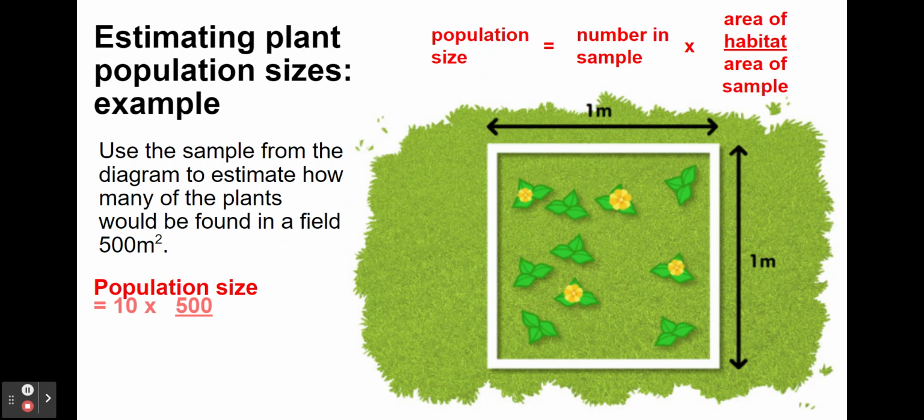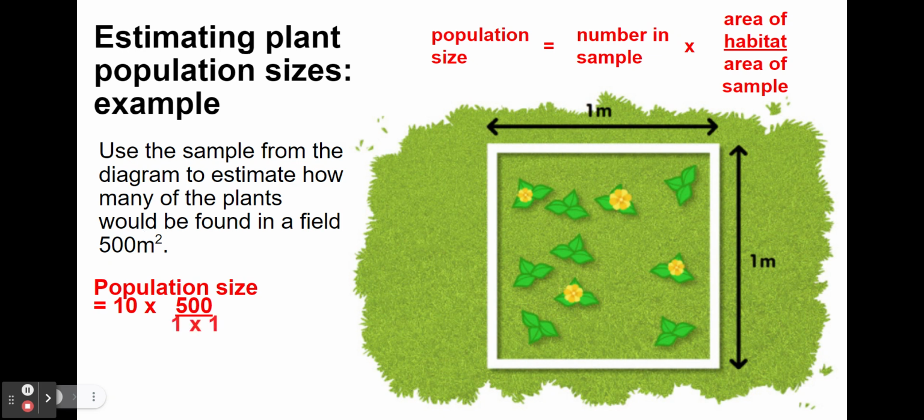So if you look there, to work out our population size, we would count how many plants are inside the quadrat. If you count that, there are 10. So that's where I would start: 10 are in my sample. I then multiply that by the area of my habitat, and the question tells you that the area of the habitat is 500.